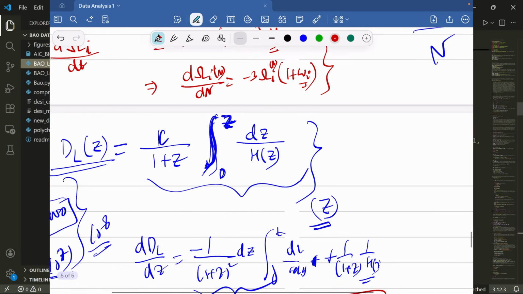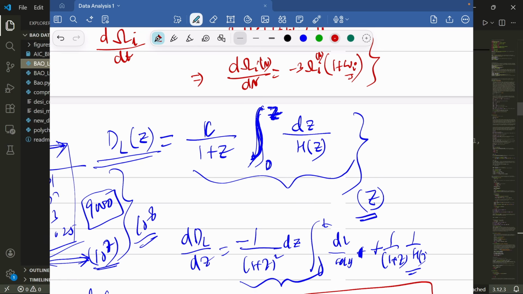Now one thing I can say: if you express this h in terms of h naught, let's say h over h naught becoming small h, then h I can write as small h times h naught. If you don't want to predict your h naught, then for this integral this is how you can express it. Now you can take it over here: dl times h naught.